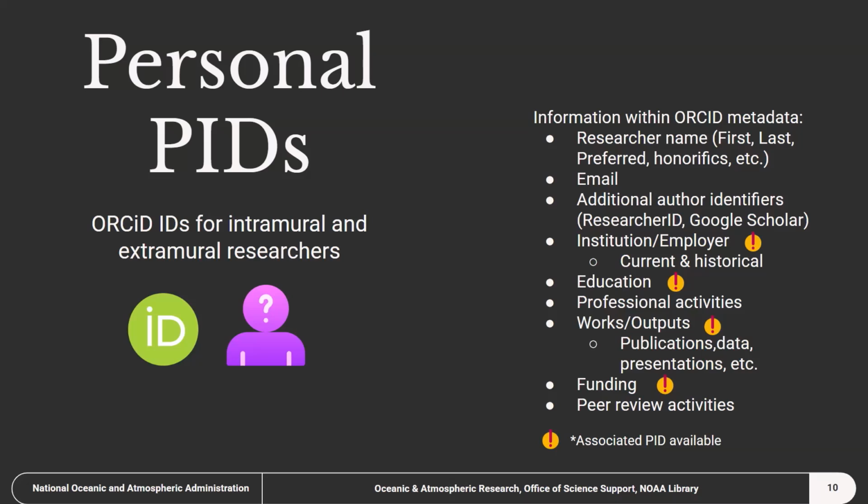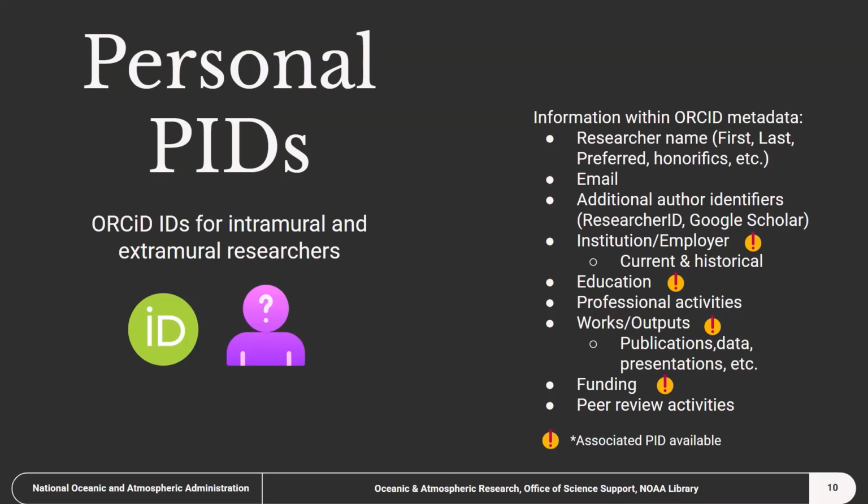So, hypothetically, let's say NOAA has a journal and you do peer review for this journal. NOAA would be able to push to your ORCID profile that you did peer review for this particular special edition of something. So, all of that can be included in your ORCID.